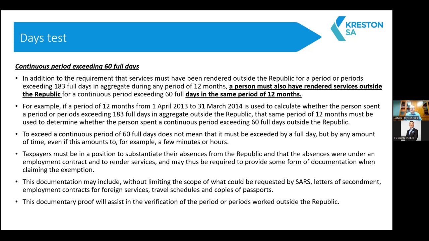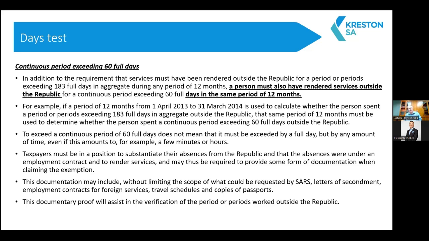And when do you start looking? It's any period of 12 months. So the day that you get on the plane here, you look forward and you say, for the next 12 months, did I meet the 183 days? And you can continuously look forward, every single day, for 12 months. But then you can also look back. At any point in time, you stand there and you say, were I outside South Africa for 183 days for employment?